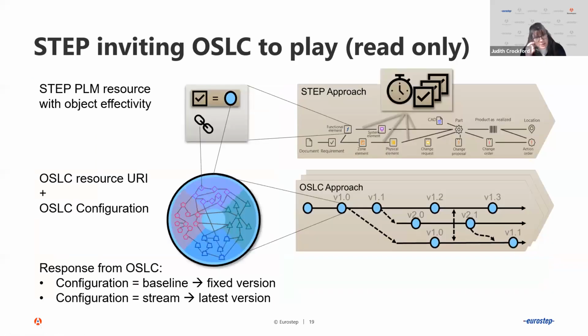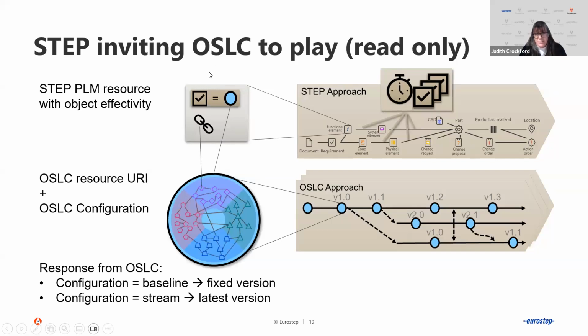Doing it the other way around, this is what we came up with. If you're in a STEP configuration management type environment and you're inviting OSLC to play, in order to link to a resource in an OSLC environment, what we decided to do was create a STEP PLM resource with objective activity that represents the resource we're looking at on the OSLC side.